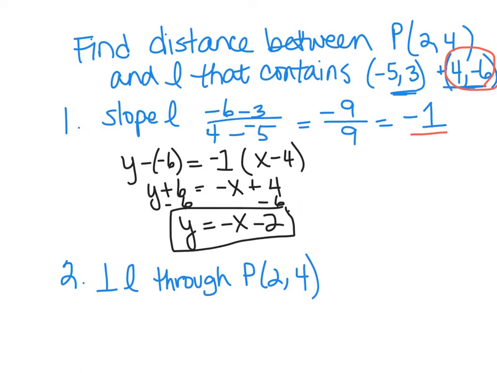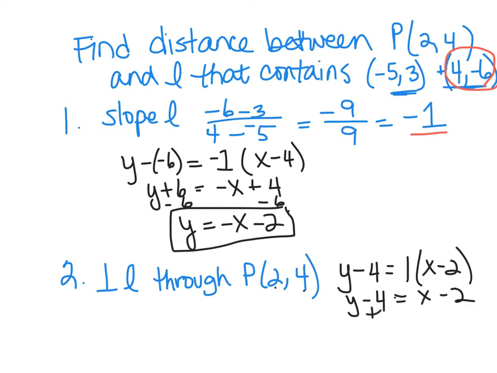Well, -1 is -1 over 1, so the opposite is going to be +1, and then flipping it over, it's still going to be 1. Okay, so we're going to write y minus 4 equals +1 times x minus 2. That gives us y minus 4 equals x minus 2.